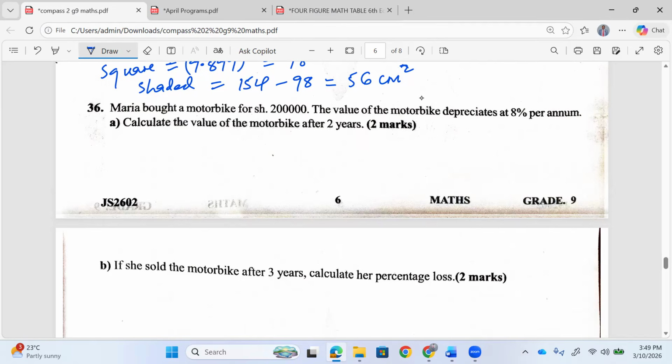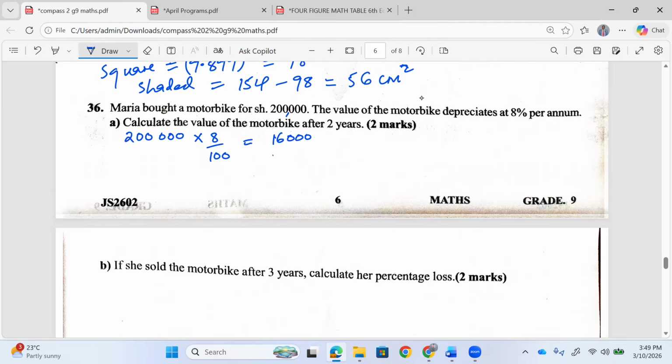So when we talk about depreciation, it means this is 200,000 times a rate of 8%. That is the value at which it depreciates. 200,000 times 8% gives us 16,000. So it depreciated by 16,000.